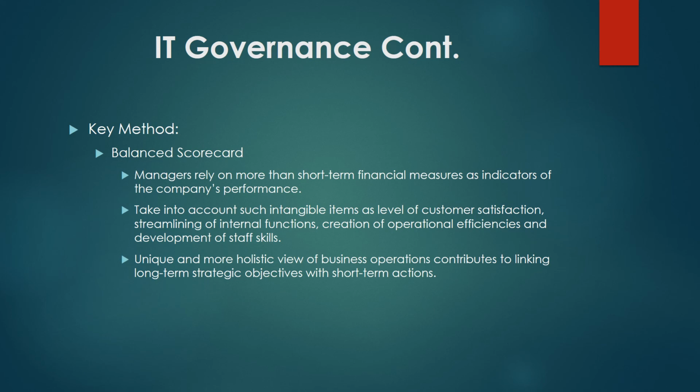They also take into account such intangible items as level of customer satisfaction, streamlining of internal functions, creation of operational efficiencies, and development of staff skills. This unique and more holistic view of business operations contributes to linking long-term strategic objectives with short-term actions.